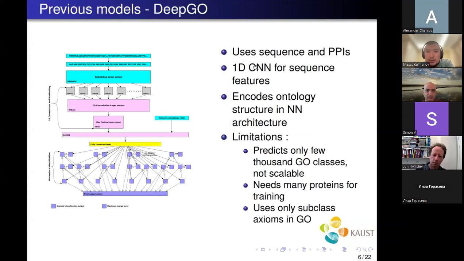So I'd like to talk briefly about our previous method. In the first version, we mainly wanted to address the first research question: how to incorporate gene ontology, the knowledge in GO, into our prediction model, and also how to learn some representations from sequence, right? So we came up with this model that uses CNNs, convolutional neural networks.